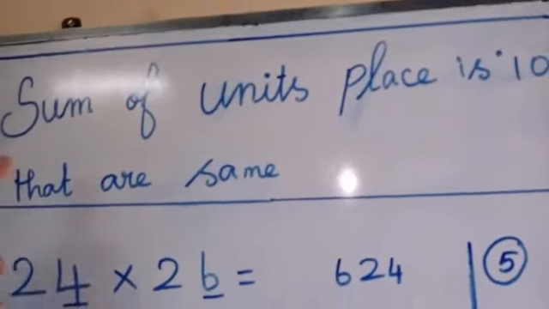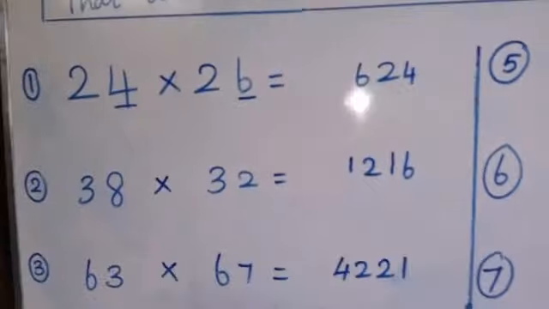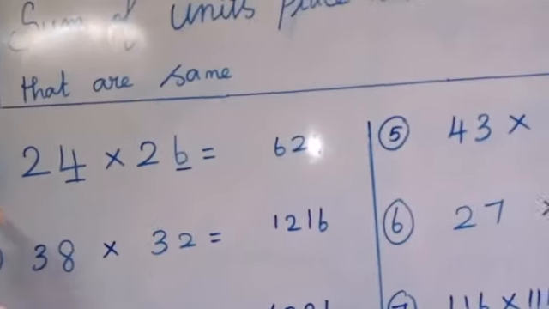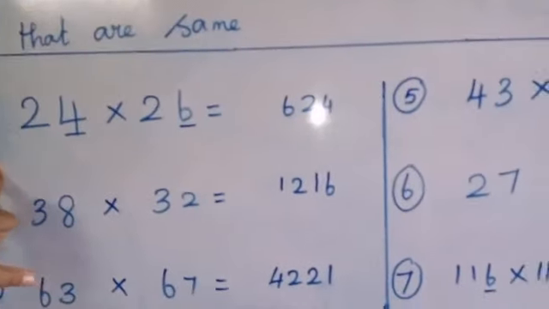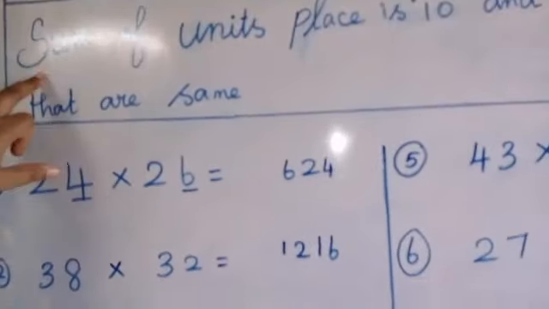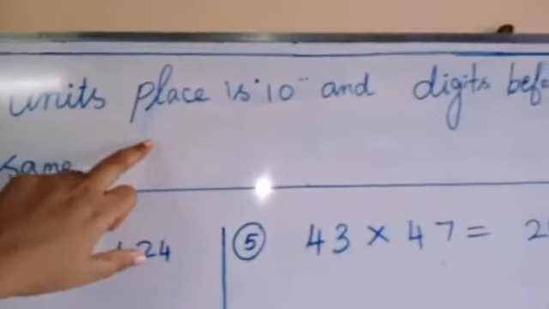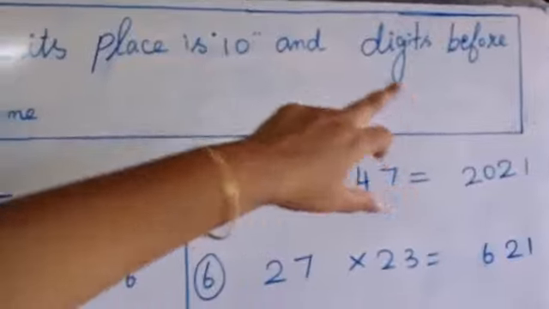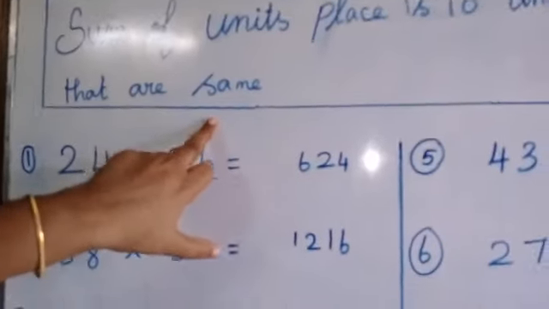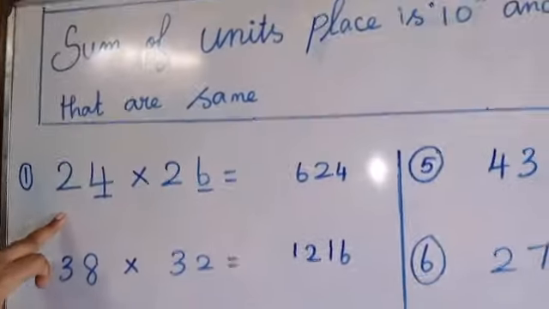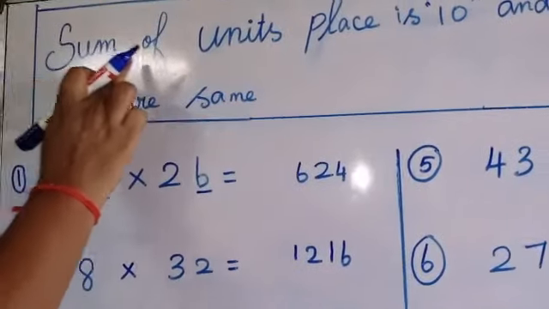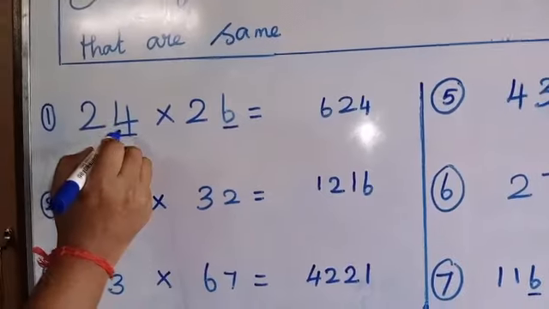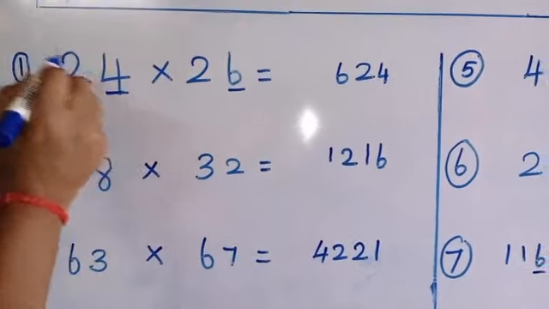These all sums are very simple. Once again, look here. When to apply this rule? Here, the sum of the unit place is 10 and the digits before that are the same.